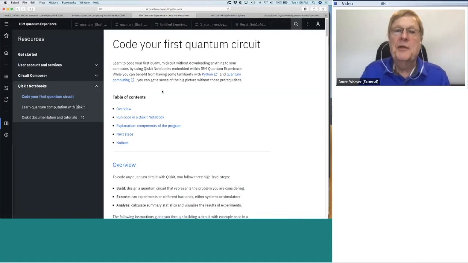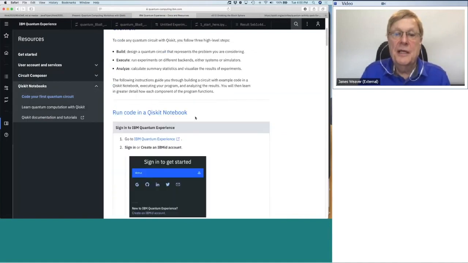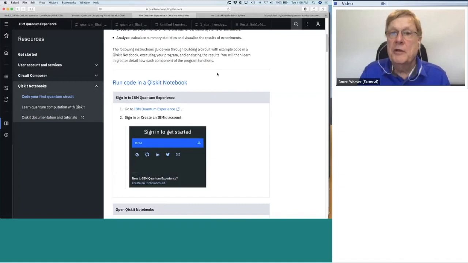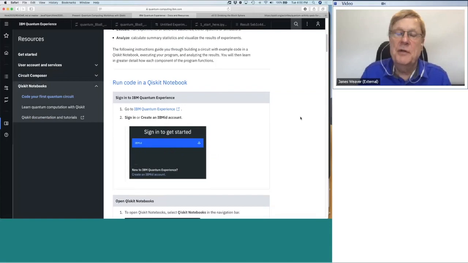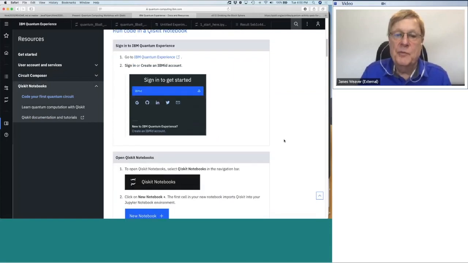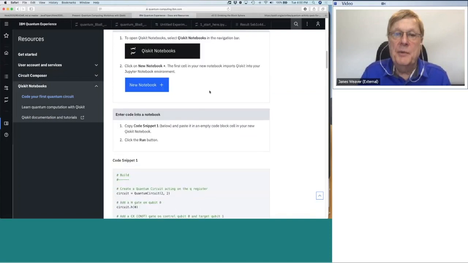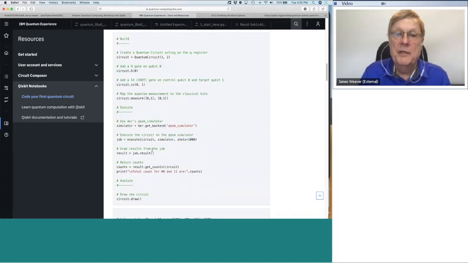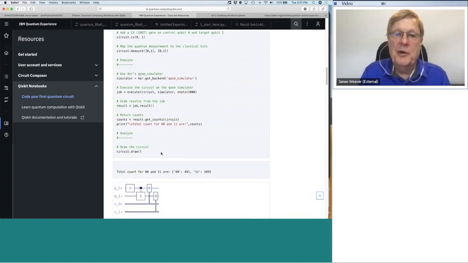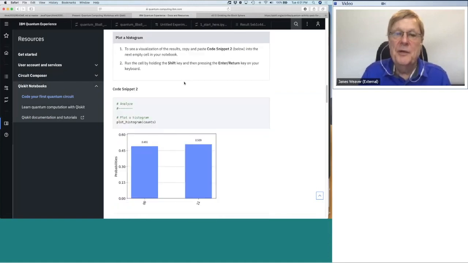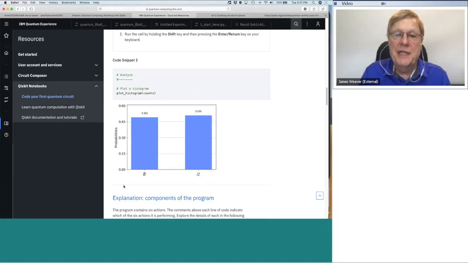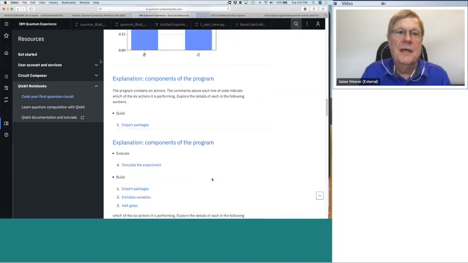Here you can go through those instructions, and this will be useful in your lab, because you might find some of this code and some of the instructions pretty good as reference when you do your lab. So again, getting into the quantum experience, creating a new notebook. Here's some good boilerplate code that you might be able to leverage: running that circuit, plotting a histogram, etc.